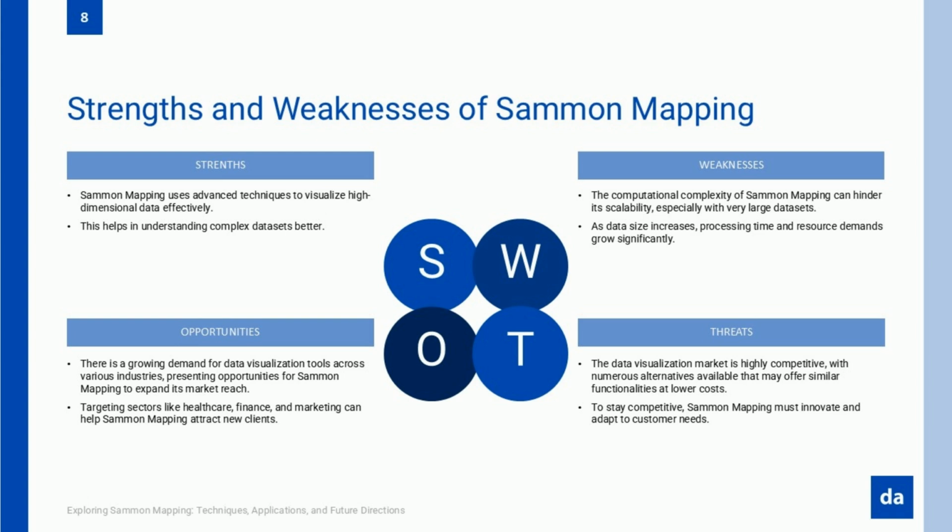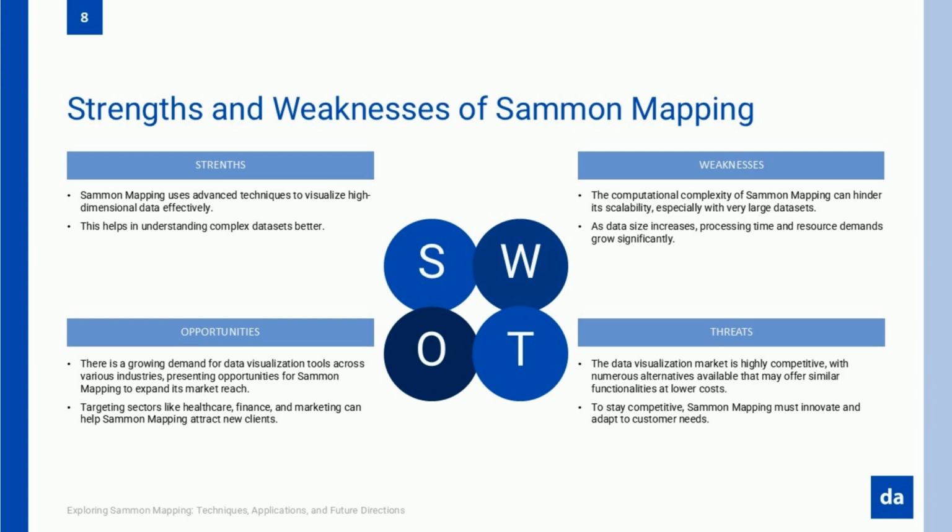Now that we've compared Sammon mapping with PCA, let's dive into its strengths and weaknesses. No technique is perfect, and while Sammon mapping is incredibly useful, it does have its trade-offs. Let's start with the strengths. One of the biggest advantages of Sammon mapping is its ability to preserve pairwise distances. This means that it maintains the true relationships between data points, making it great for visualizing clusters and complex structures.